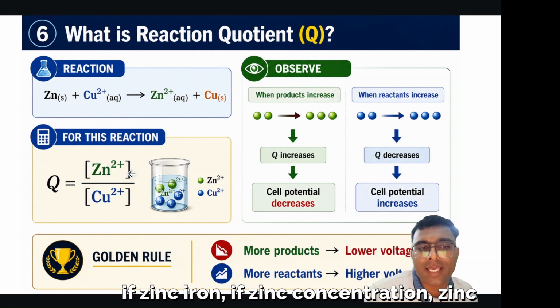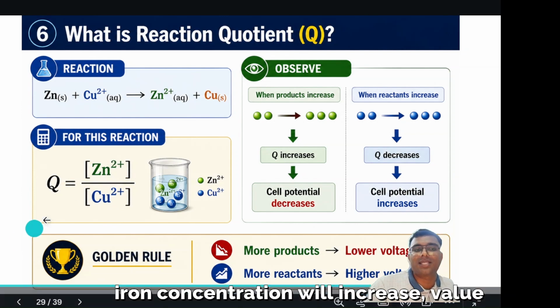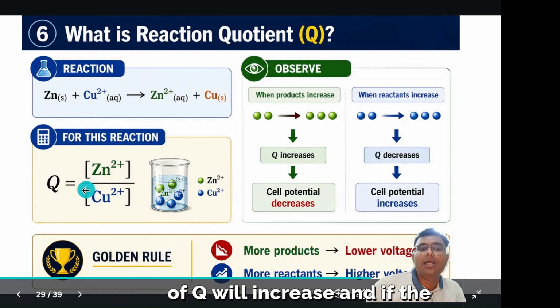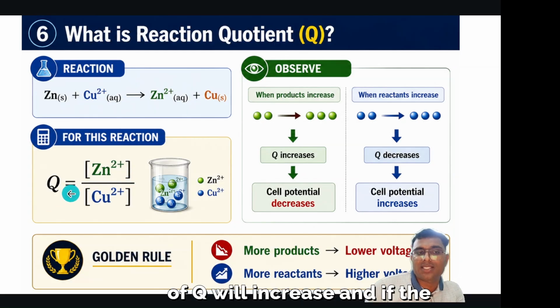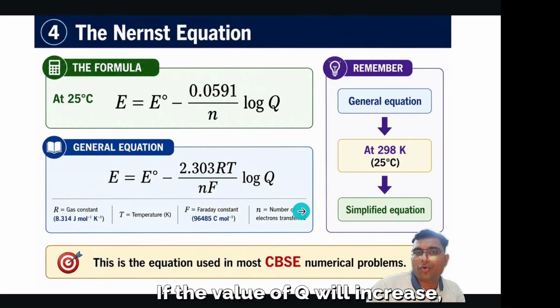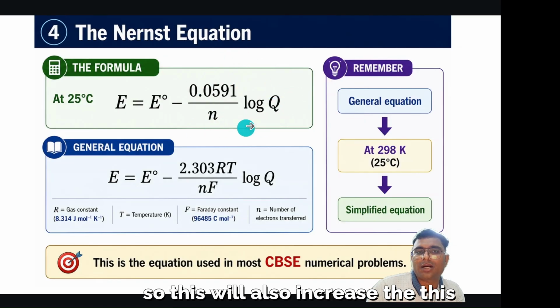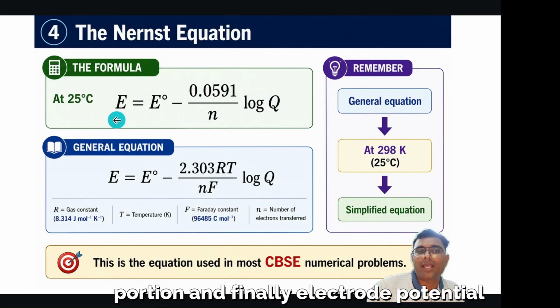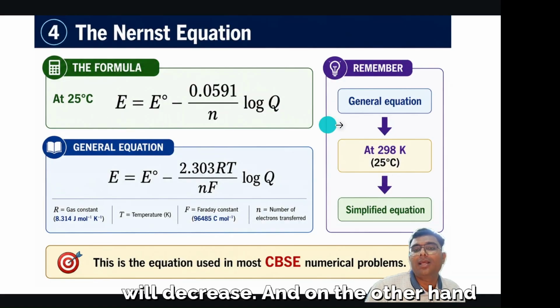If the zinc ion concentration increases, the value of Q will increase, and finally the electrode potential will decrease.